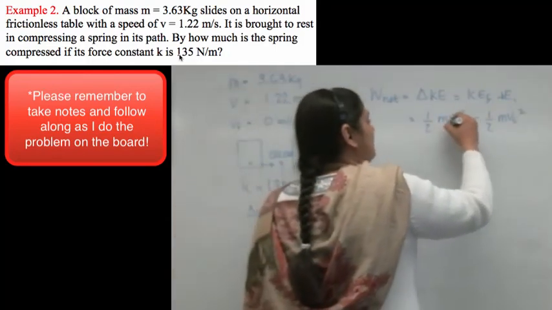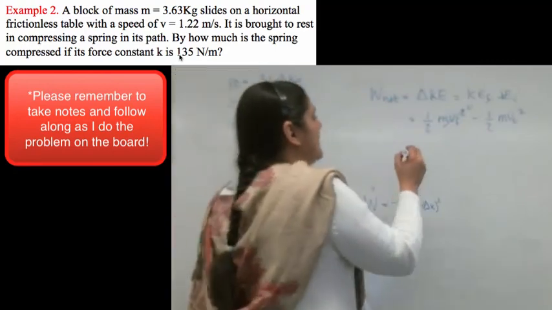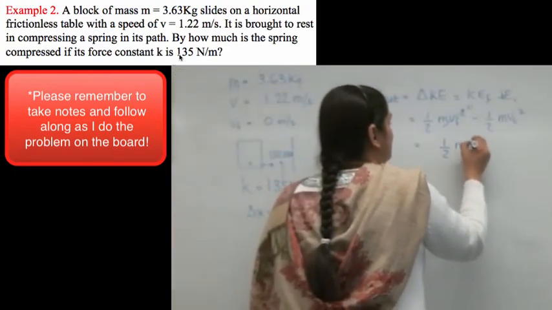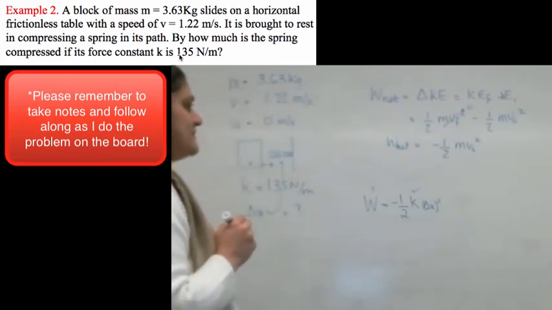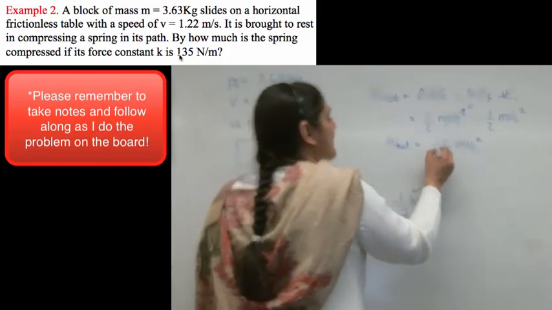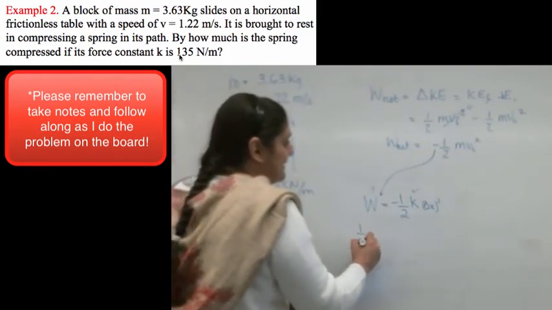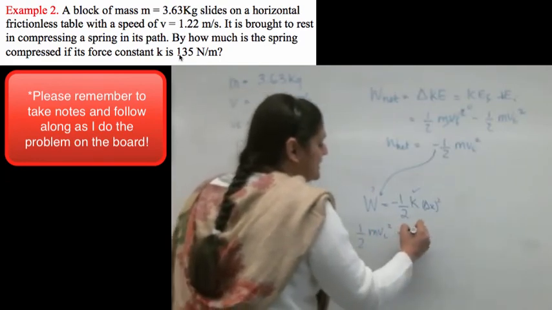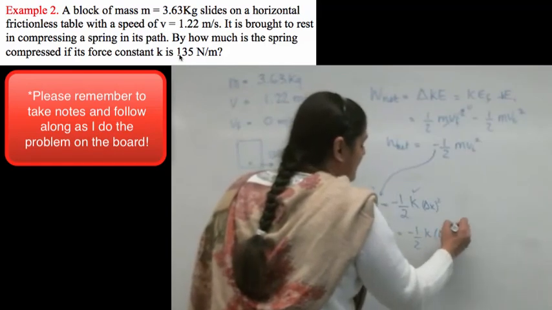It said to me that it comes to rest, so this means vf goes to 0. And I will have 1/2 m vi squared, right? So work net is actually equal to minus 1/2 m v squared. Aha! Now this is the value I can plug into here. That means I will have 1/2 m vi squared with a minus sign equals 1/2 k delta x squared.